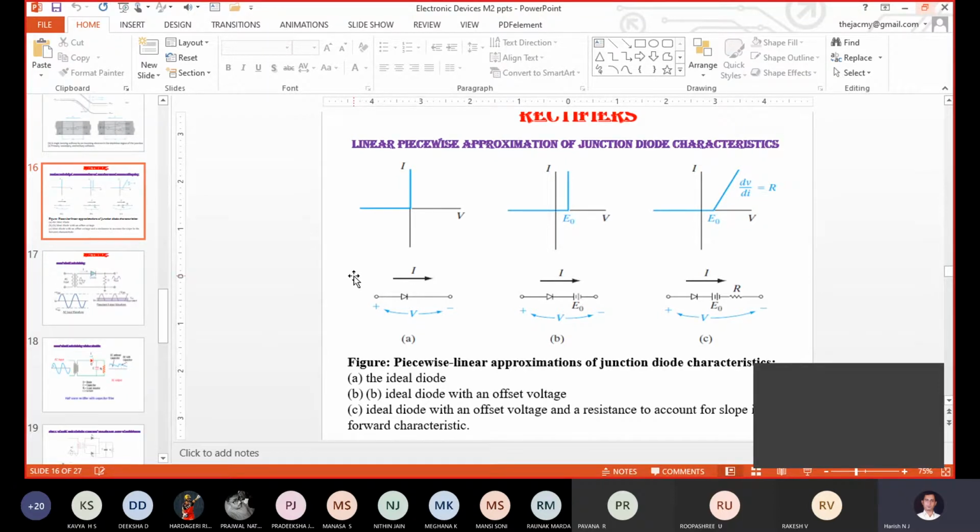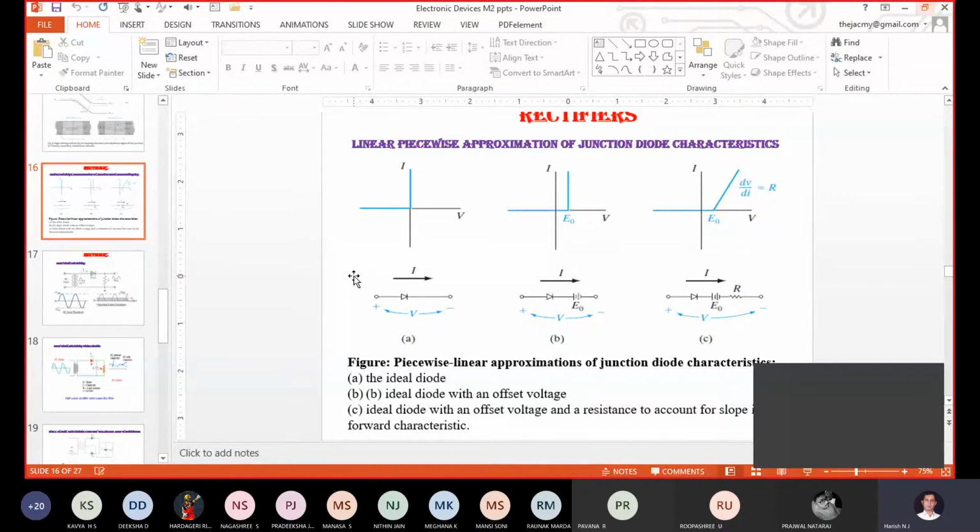Okay, so before entering those discussions, that is, what precautions we need to take for fabrication of a good diode, first we will learn some applications of the PN junction diode. In those applications, we will list how the PN junction diode contributes its disadvantages.